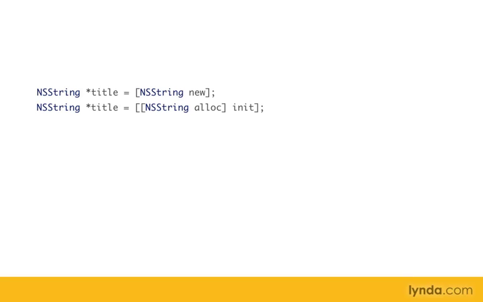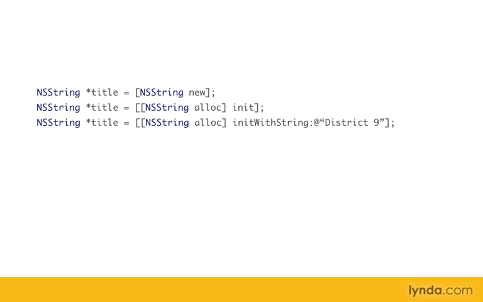The other reason, more specifically, is that the init calls can actually be specialized. We can have multiple different types of initialization. So say if you're working with a string, you can have the alloc and init combined so that the initialization also sets the value of the string.